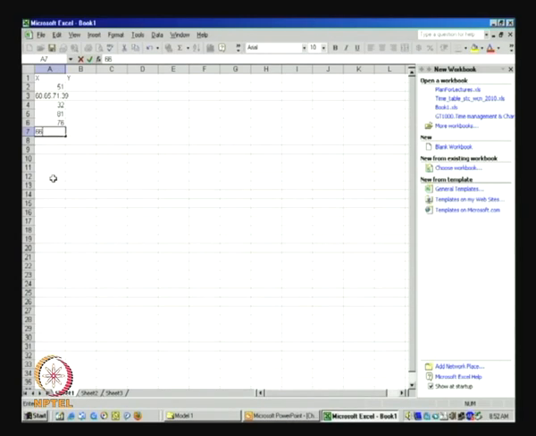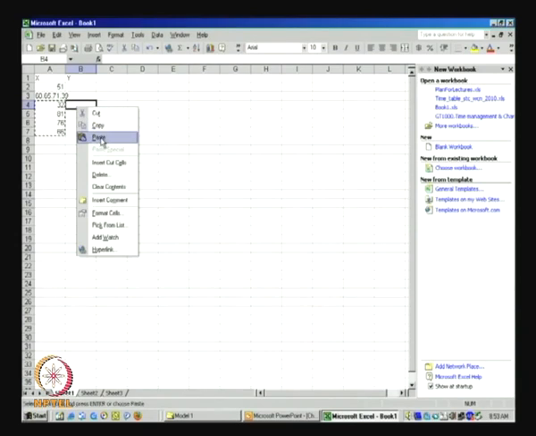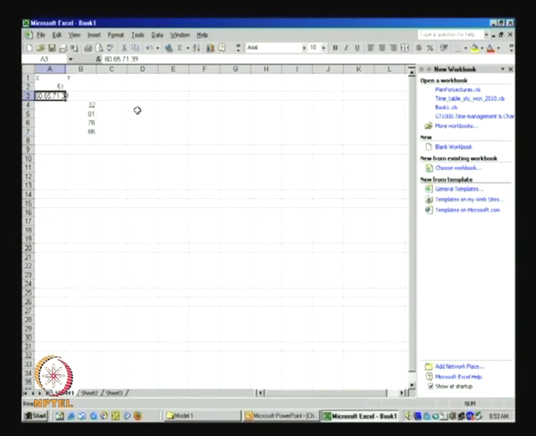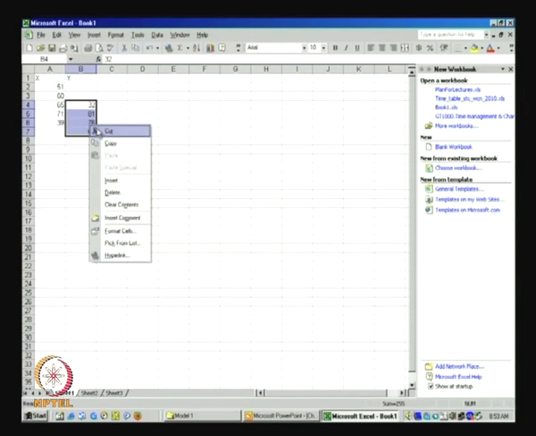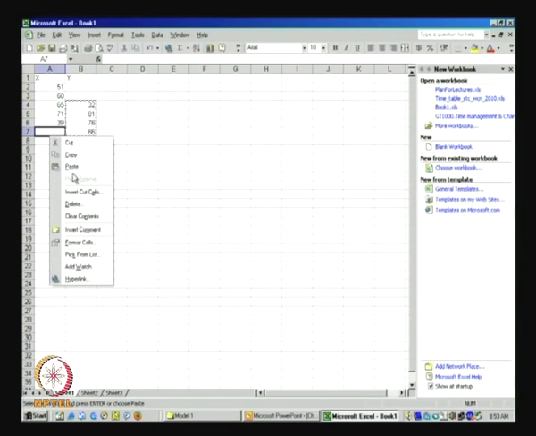51, 60. Okay. This is 60, then 65, then 71, then 39, then we have to cut it here and paste.